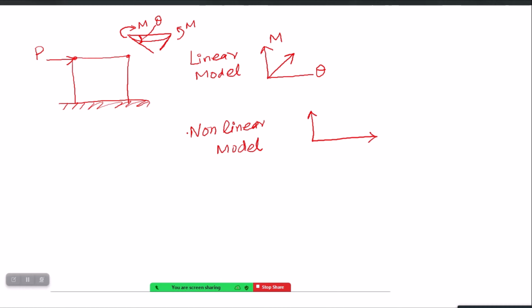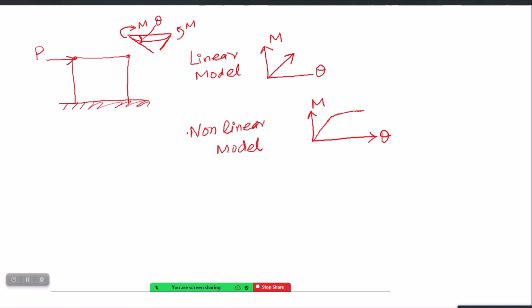And that real behavior is that up to a certain moment the relationship between M and theta will remain linear, but after a certain value is crossed, which corresponds to the moment capacity of that beam, the relationship will no longer remain linear, and then there will be high values of theta even without any significant increase in bending moment.